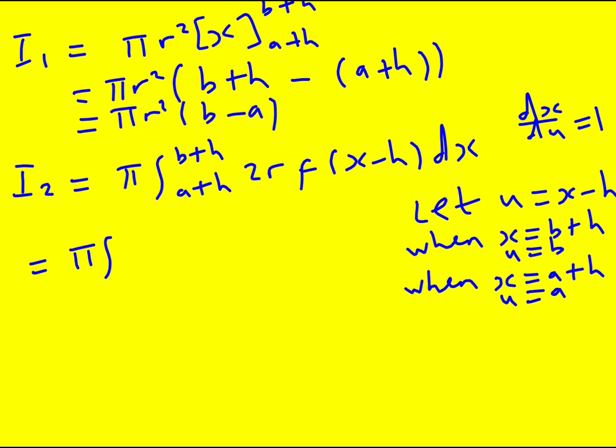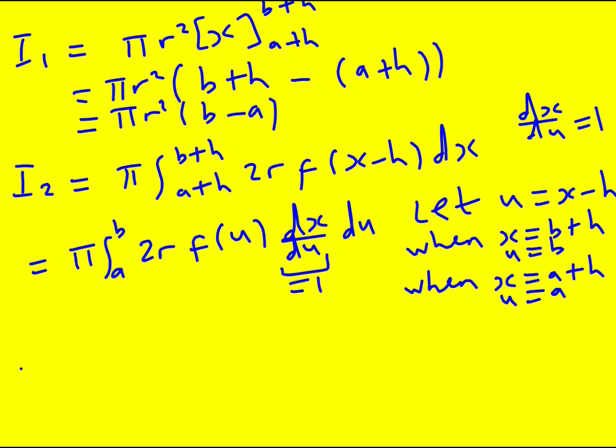Therefore, I'm going to get pi, and I'm now integrating with respect to u from a to b of 2r, which is still a constant, times f of u, times dx by du, but this thing here is just 1. I can bring this 2r out because it's a constant. You can integrate and then multiply by the constant, or you can have the function multiplied by the constant and integrate.